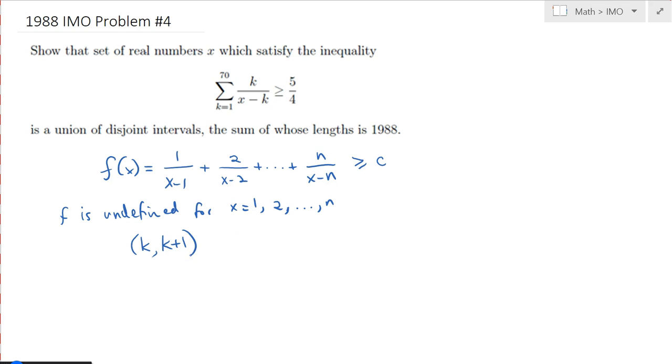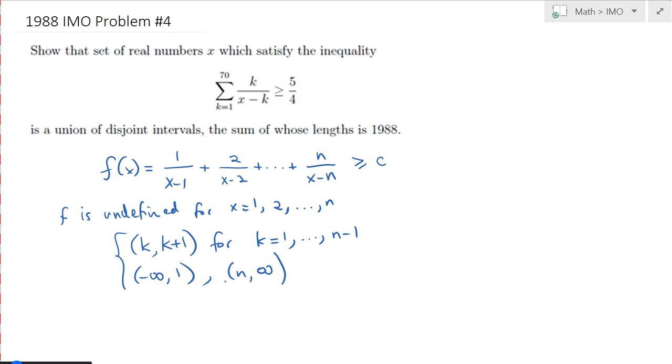On such intervals for k equals from 1 all the way to n minus 1, I need to add two more intervals, the beginning interval from minus infinity to 1 and the ending interval from n to infinity. Pretty much we have all these n minus 1 intervals of the first type and two more intervals involving the negative and positive infinity.